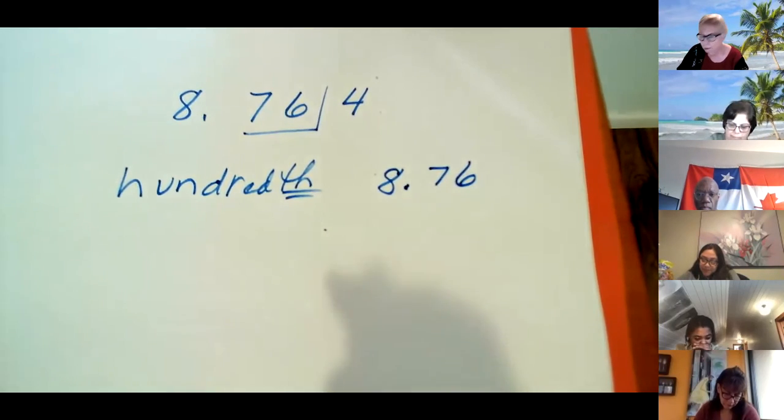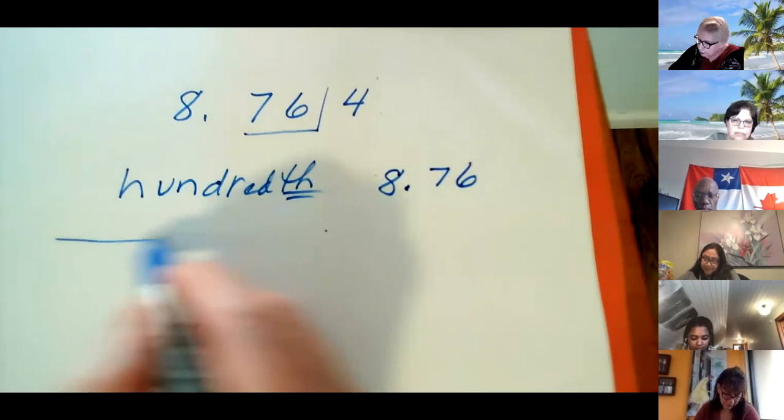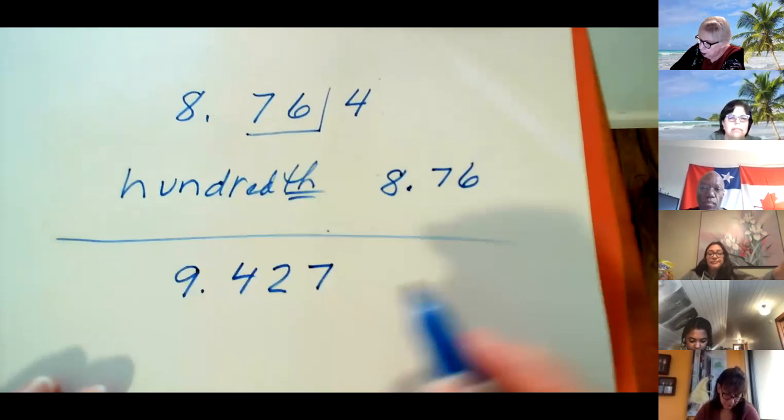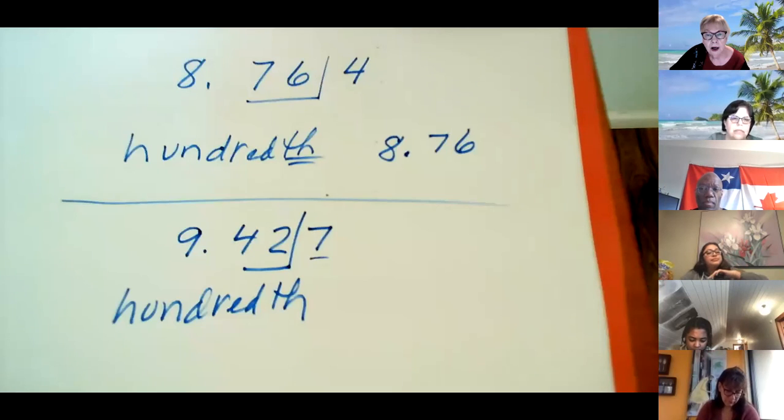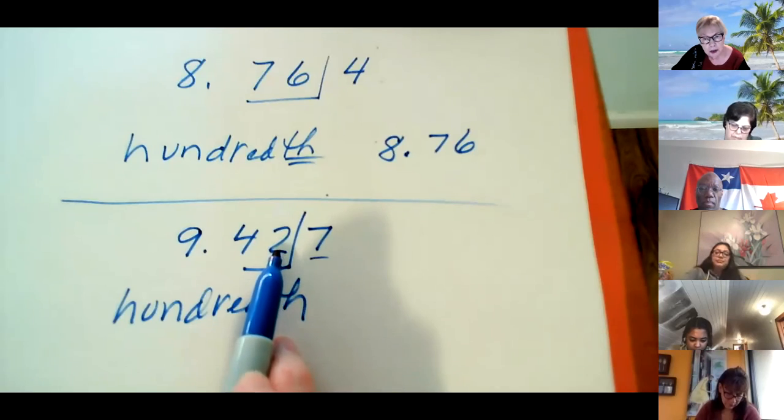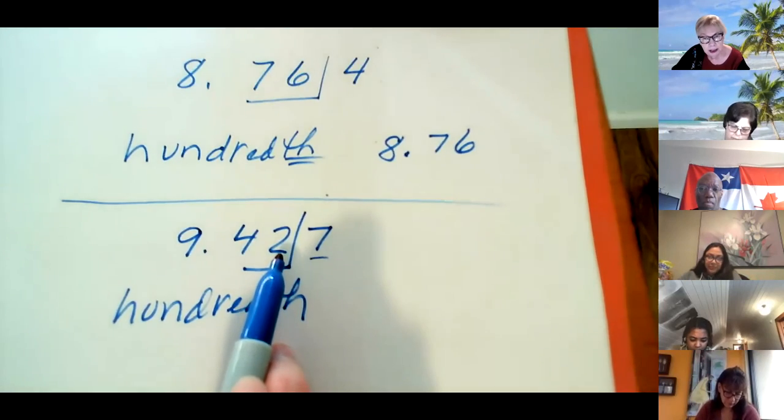On the other hand, if you round to the hundredth, tenth, hundredth, and this number is 5 or more, meaning that the hundredth, this number here, whatever it is, goes up 1.